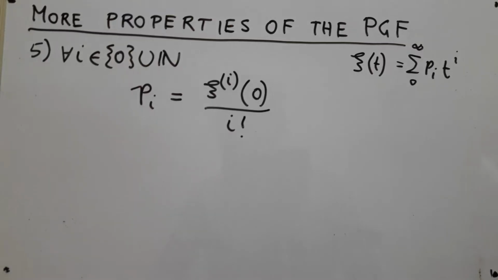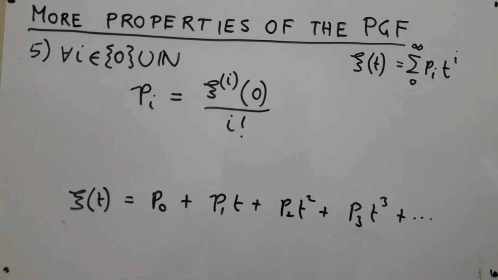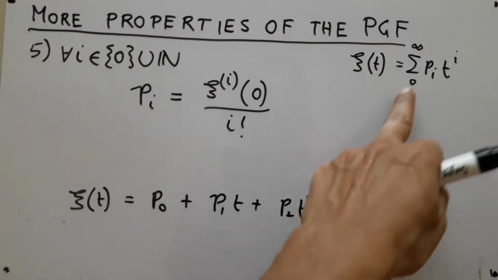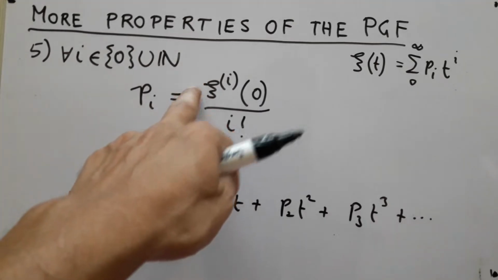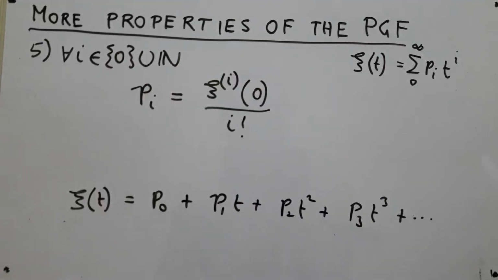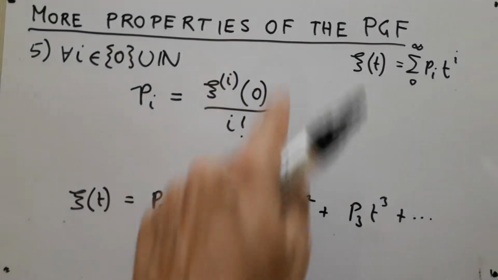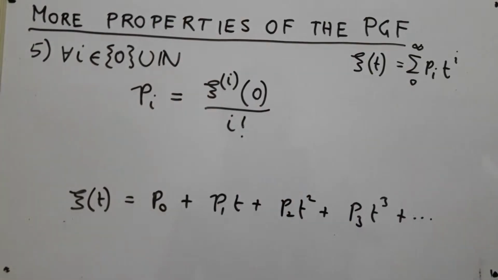Now that is pretty easy to see. I have this definition. I have just expanded this out. Now, suppose I take i equal to 0, then you do not need to do any differentiation at all. Just set t equal to 0 and you get p0. So it is xi 0, which means no derivative, just the function itself, evaluated at 0 divided by 0 factorial.